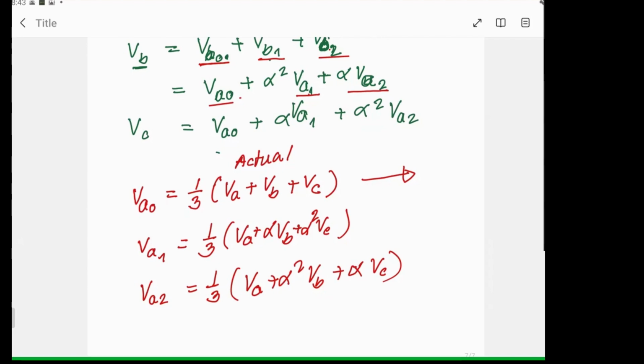We can represent any unbalanced system with three balanced systems, separately find the balanced quantities of those three systems, and then find the unbalanced or actual quantity by vector addition of the three balanced systems.